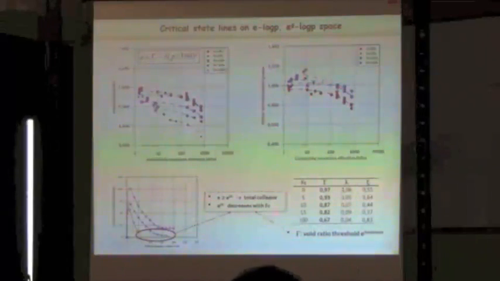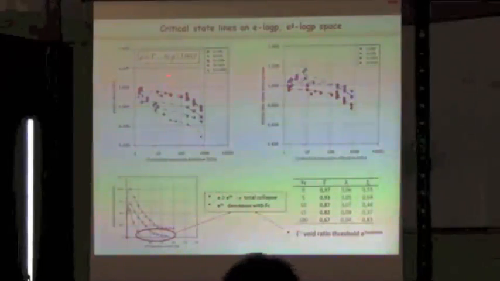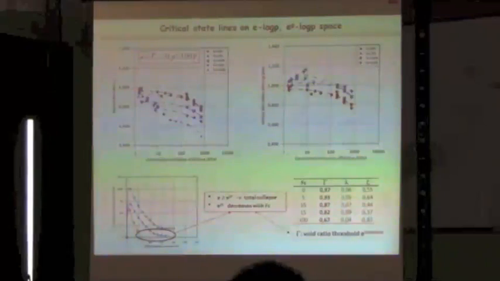What I presented here is just the threshold void ratio, which is characterized by the intersection of this line with the y-axis. And we can see clearly that this threshold void ratio decreases with the fine content in this case, and it will be the inverse in the other one.